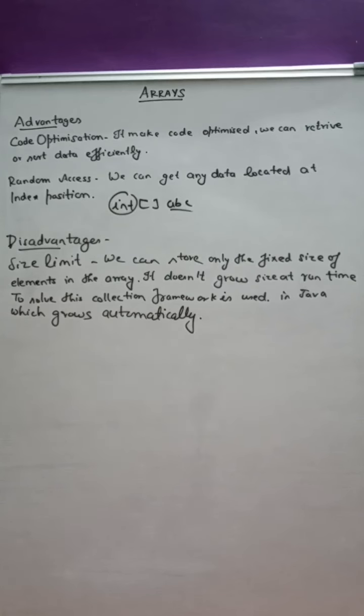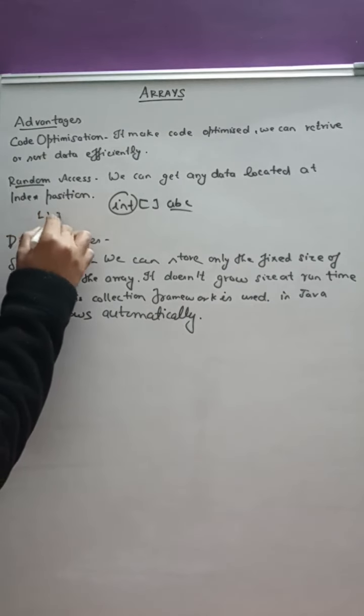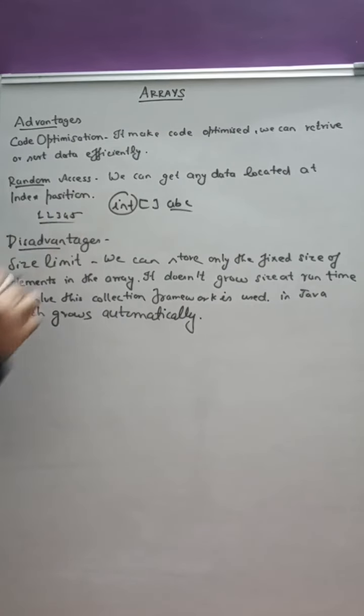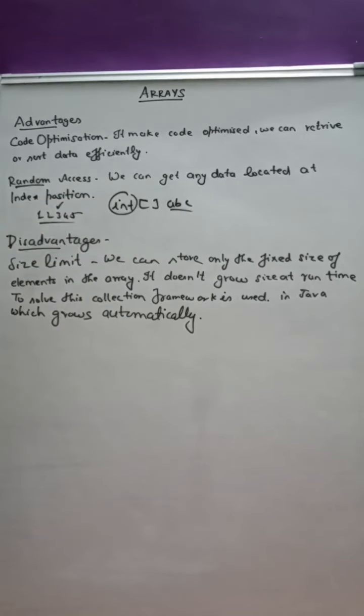The other advantage is random access. So what is random access? Random in general, suppose 1, 2, 3, 4, 5. You have 5 numbers and I am saying choose one of the numbers. It will not depend upon any criteria, it will be random. Like if I have chosen 3, that is random, meaning no selection criteria is followed.